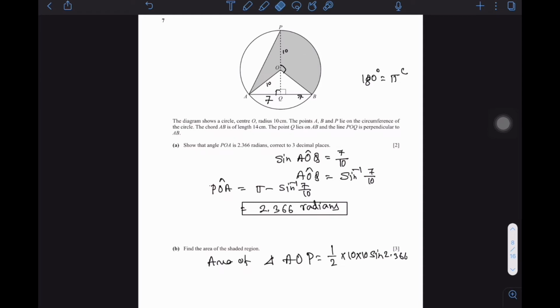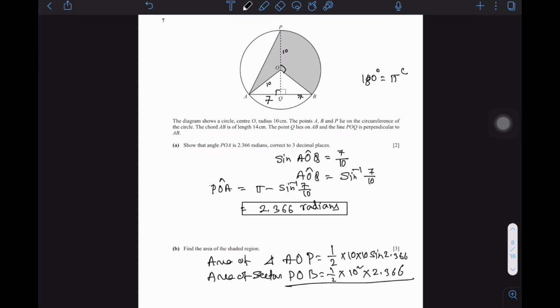Okay, so we can say this is the sector. We know the area of a sector is half r squared theta. So area of sector POB equals half r squared theta, which is 2.366.